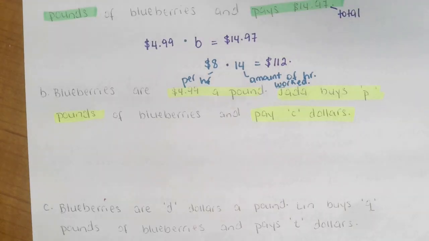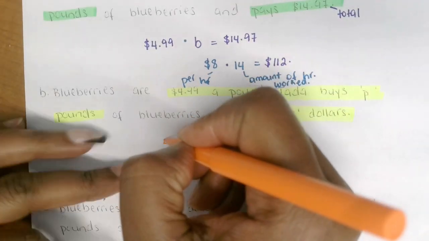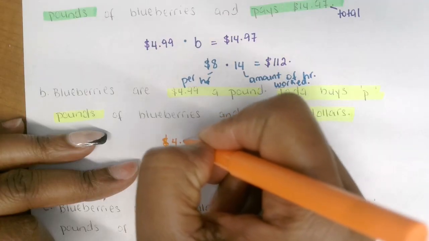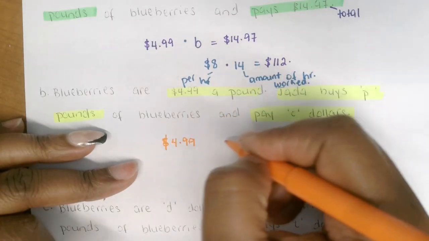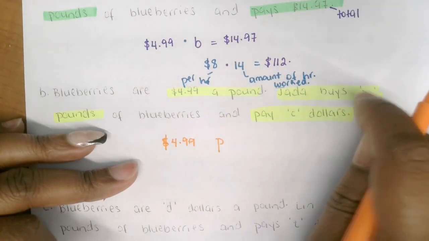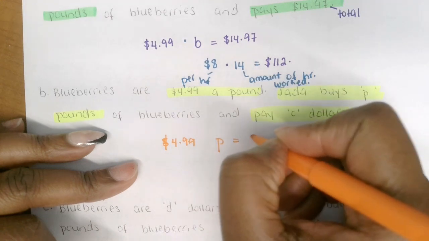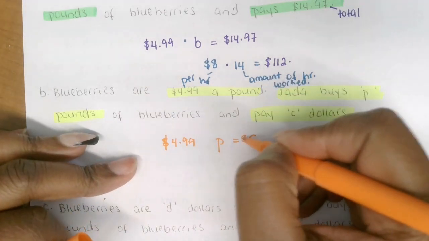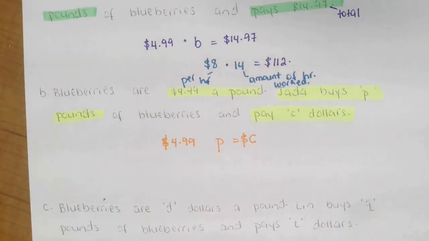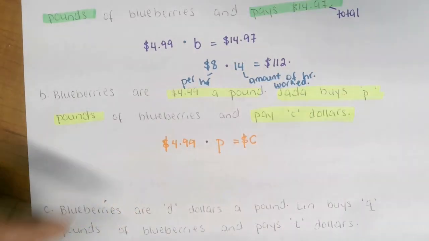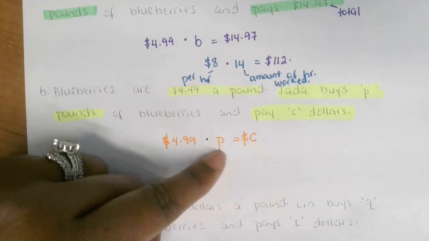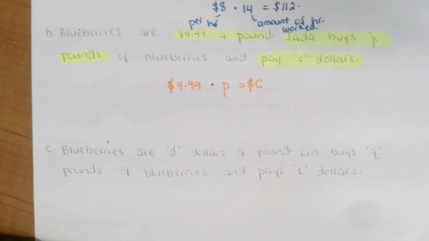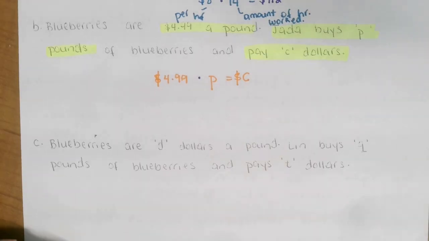So you would say $4.99 times P equals C dollars. We are multiplying how much 1 pound is times the amount of pounds that she bought.